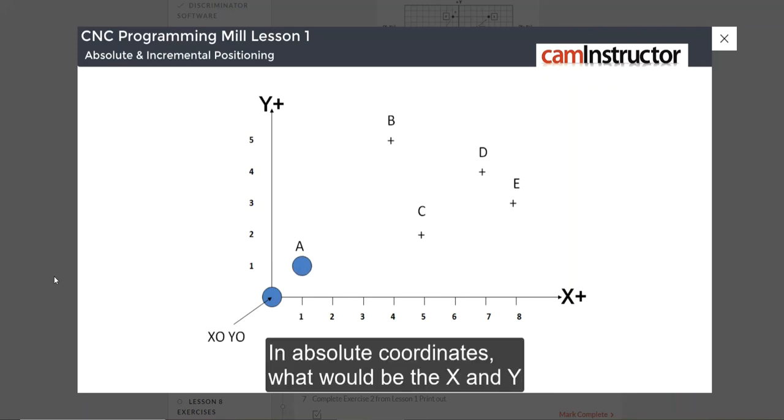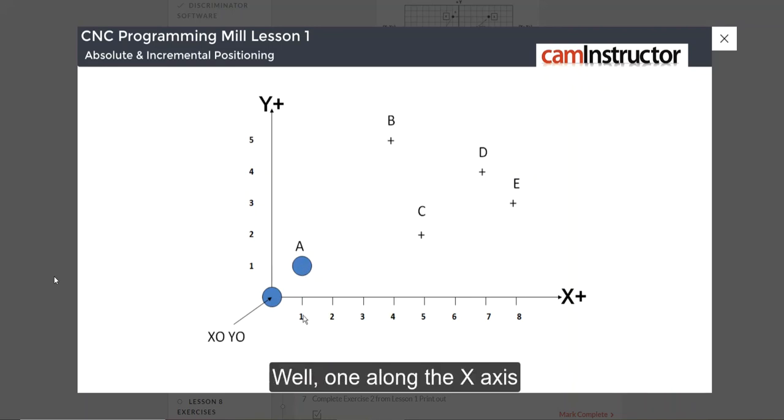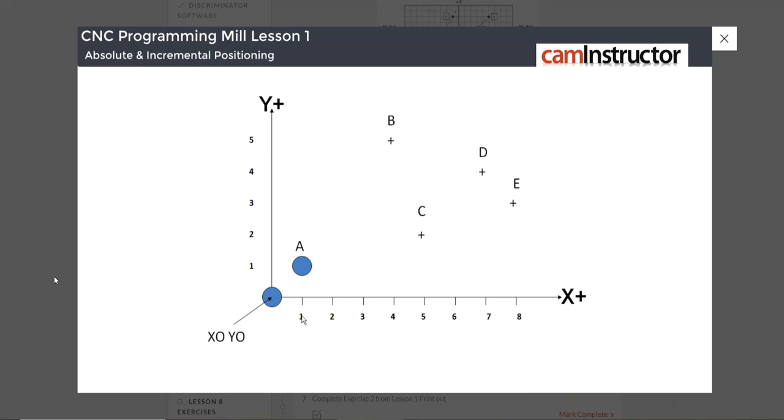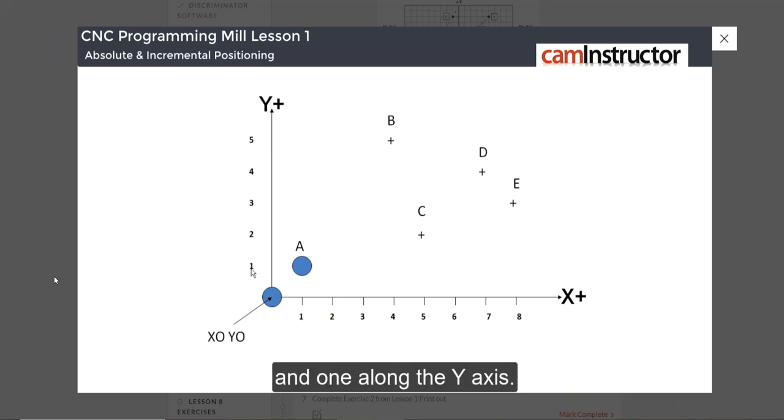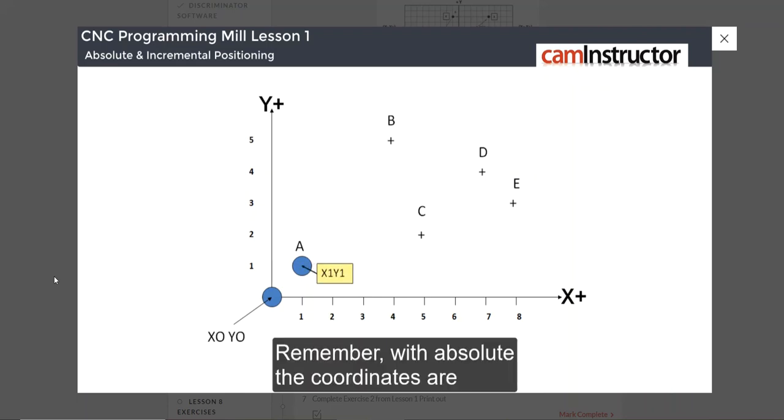In absolute coordinates, what would be the X and Y at the center of this circle at position A? Well, one along the X-axis and one along the Y-axis, and both are positive numbers. Remember, with absolute, the coordinates are figured out from the origin, our X0, Y0 position.